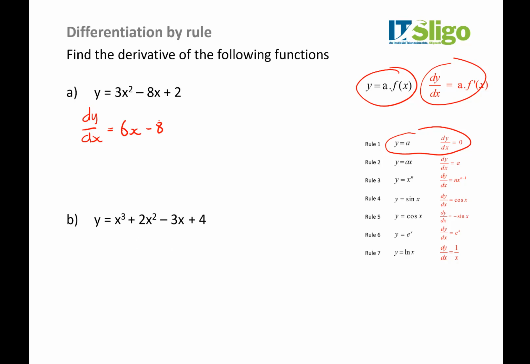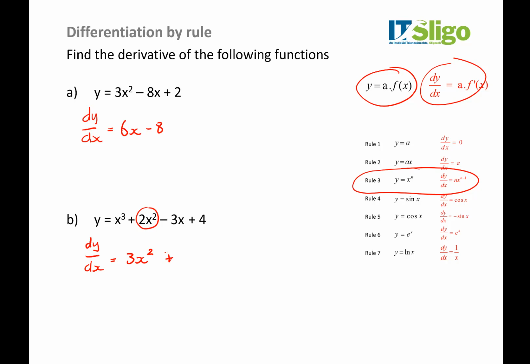Here's one now. Again, we'll be using dy dx. For the x cubed, we use this rule. Again, we use rule 3 for this bit. Now, the 2 stays. But then when we differentiate the x squared bit, the power comes down.